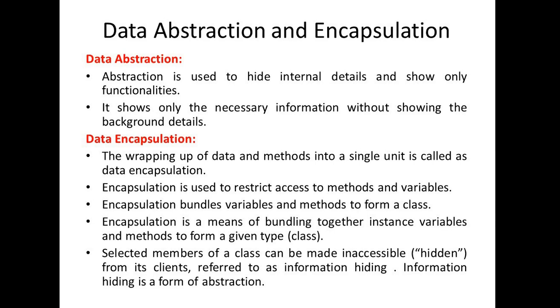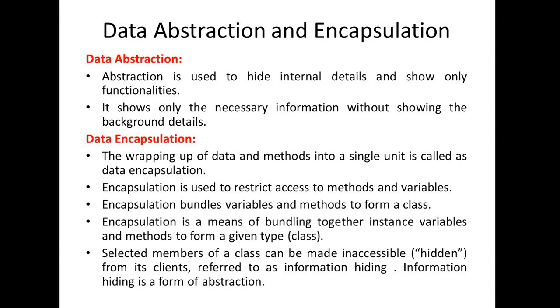We make them come under a particular class, so that is why we have the class concept. This data and these functions can be accessed through the objects created for the class.